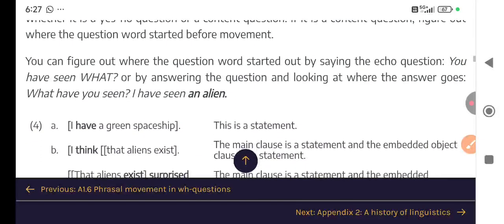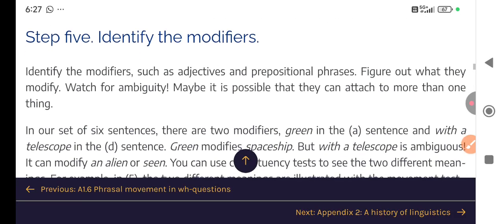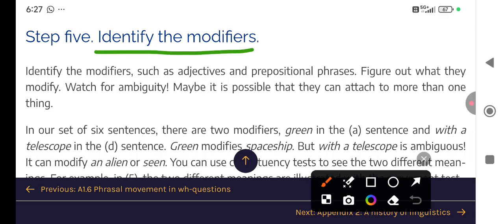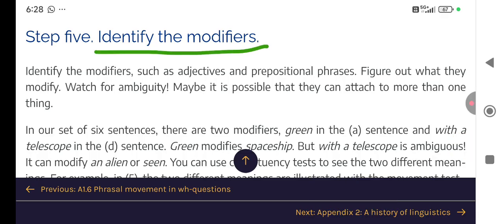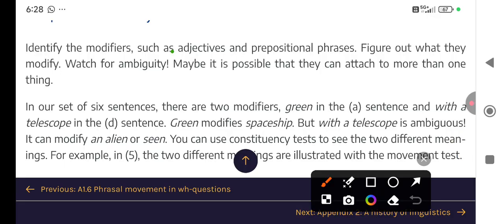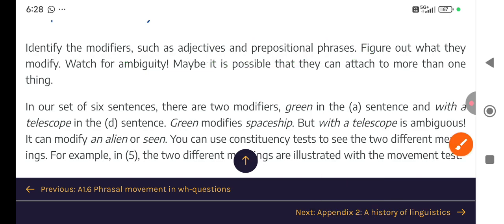Now moving to the fifth one, that is identify the modifiers. Very important part, modifiers, right? So in the fifth step we identify modifiers such as adjectives and prepositional phrases. Important. Adjectives and prepositional phrases are modifiers. So figure out what they modify.